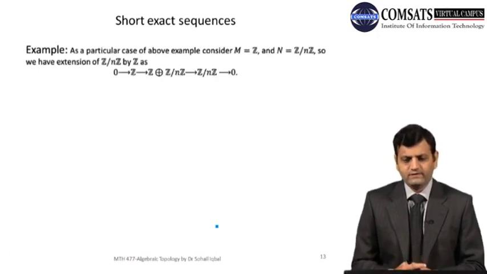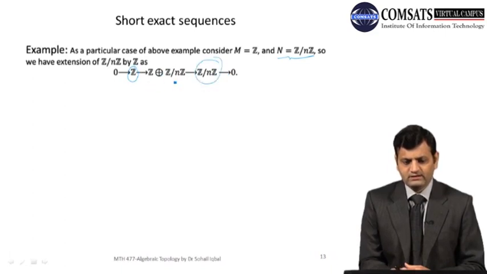As a particular case of the above example, we can take M to be Z, which is of course a Z module, and we can take Z quotient nZ, the set of integers modulo n. So we have the following extension. Take this M, take this N, take the direct sum, and you have a short exact sequence.